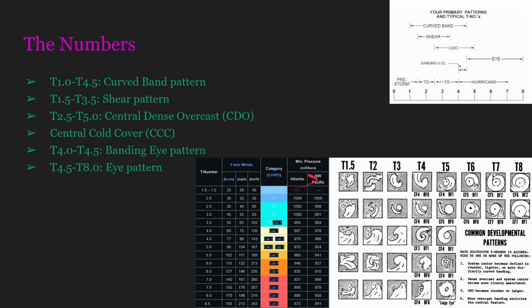And notice that the Atlantic and the Pacific, specifically Northwest Pacific, are different. This is because, again, the Westpac produces stronger storms, again, for reasons that we don't quite know yet. It may just be because the Pacific is simply larger.